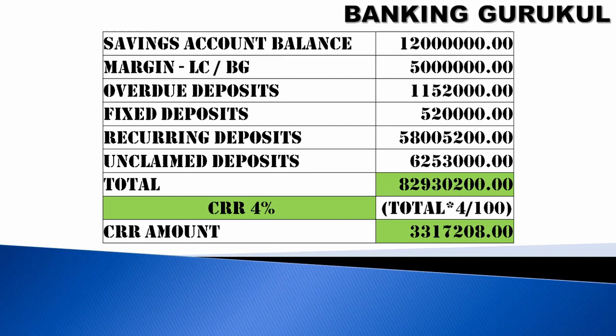In that I want to keep 4% as CRR, which means 33 lakhs in cash. I have to keep it in RBI's current account. So as my balances increase, my CRR amount in RBI will keep increasing.